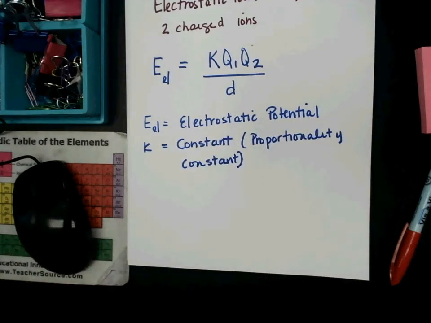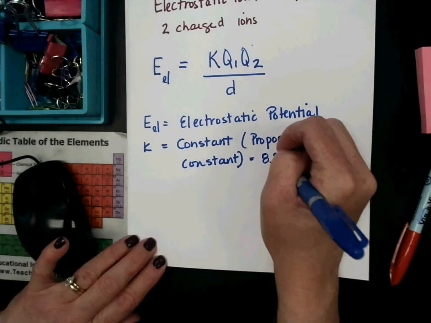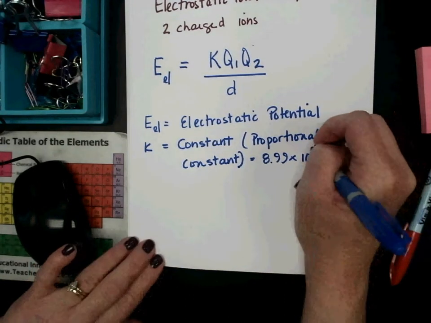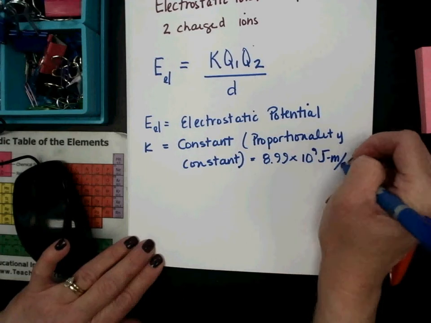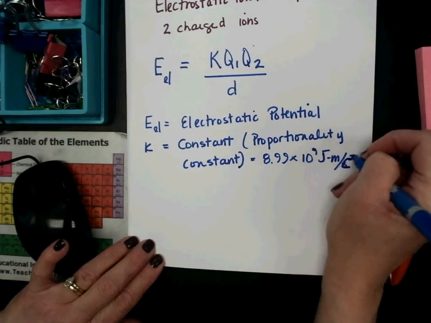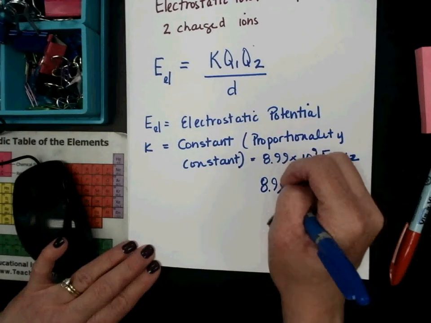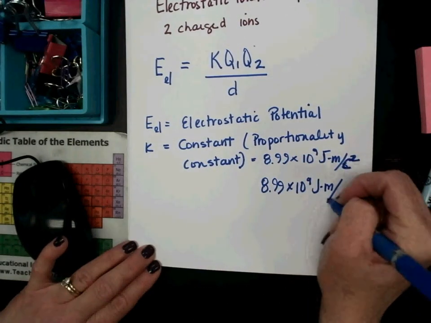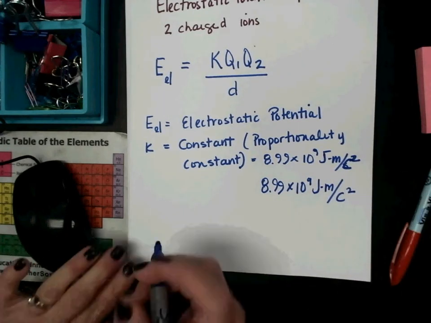And it's used a lot in thermodynamics, and we'll learn more about it and where it comes from later. But for now, you just need to know that it's equal to 8.99 times 10 to the 9th joule meters over coulombs squared.